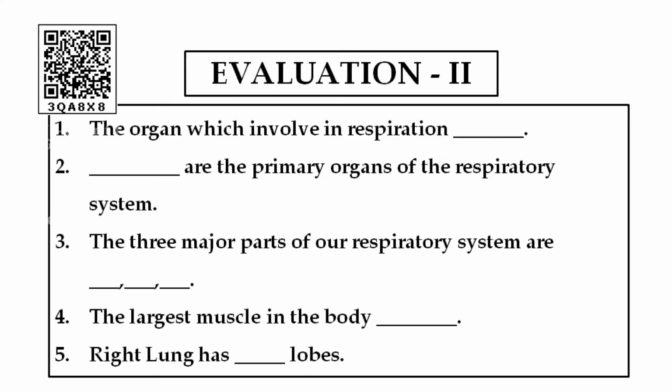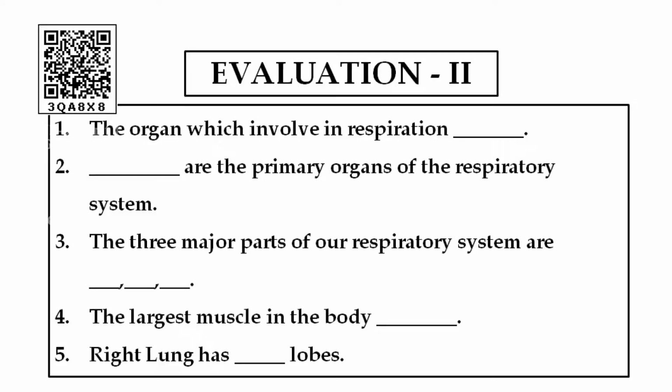Now, shall we see the answers for these questions? Yes, the organ which is involved in respiration is the lungs. Okay. Lungs are the primary organs of the respiratory system.